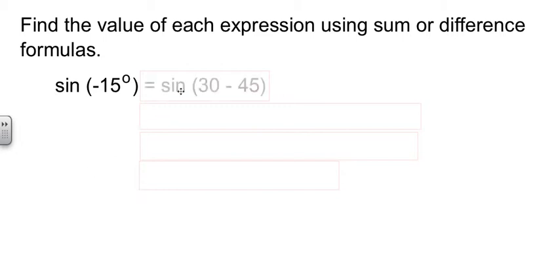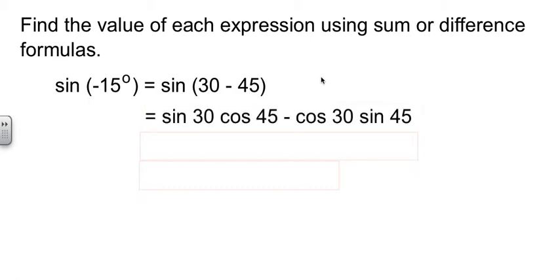Well, negative 15, I'm sure you would agree, is 30 minus 45. Now I can use the formula from the first slide that you have there on your note sheet, the sine a minus b formula, the fourth one down, says that I get sine of 30 times cosine of 45 minus cosine of 30 times sine of 45.